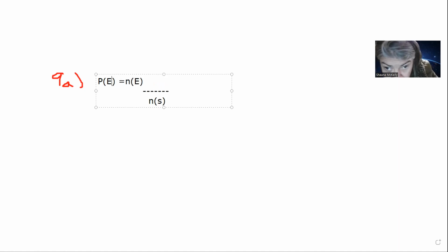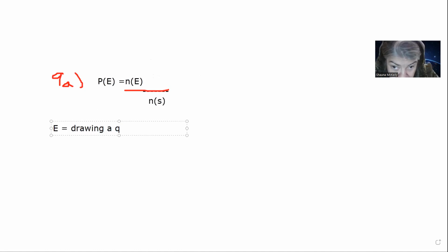This is my basic formula: the number of ways to get the event over the number in the sample space. My event here is drawing a queen.